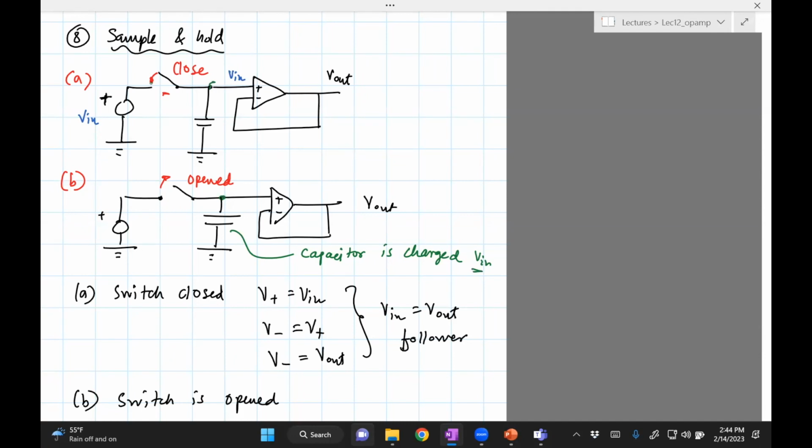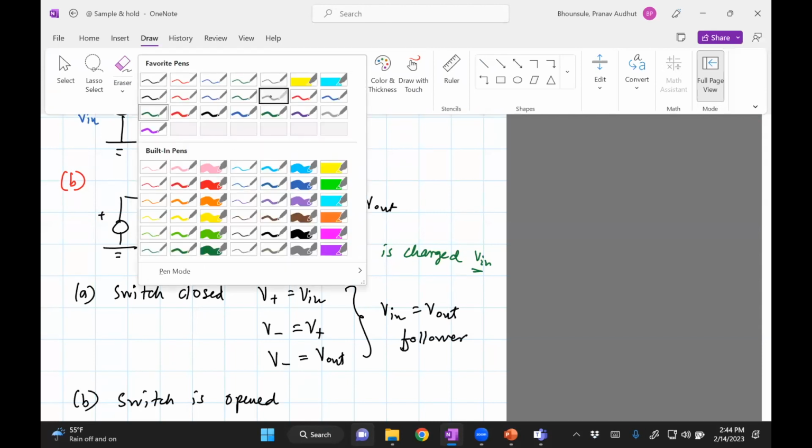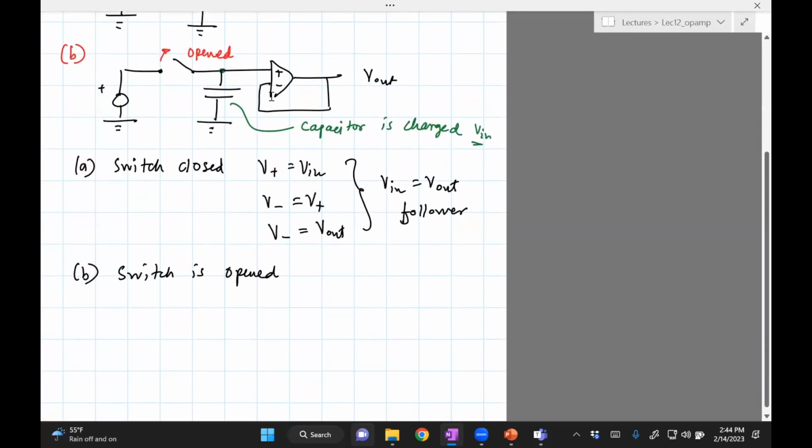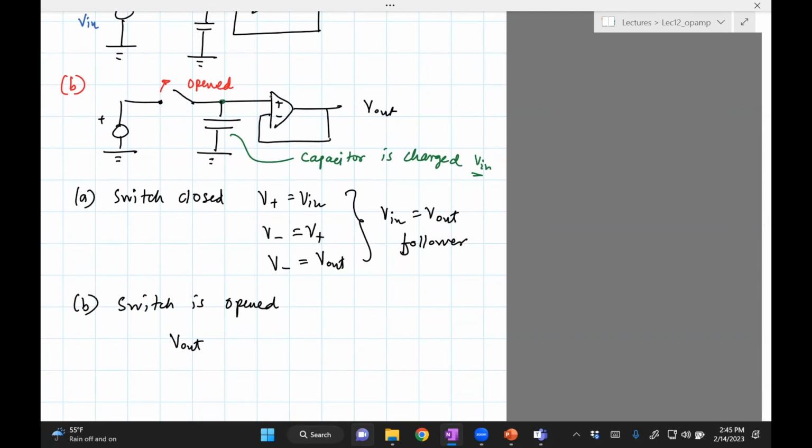So this is charged to V in. And so when the switch is open, you'll see that V out, the output voltage, will still be V in.